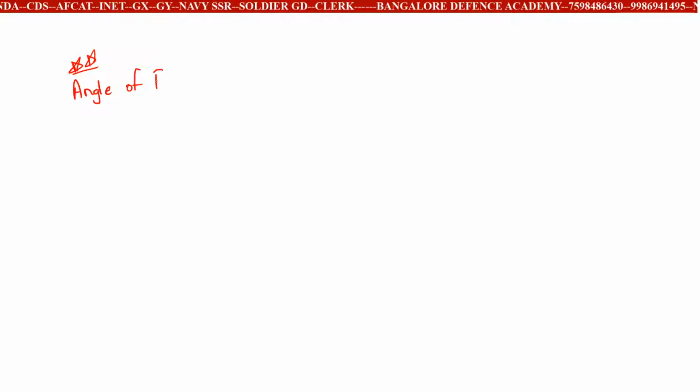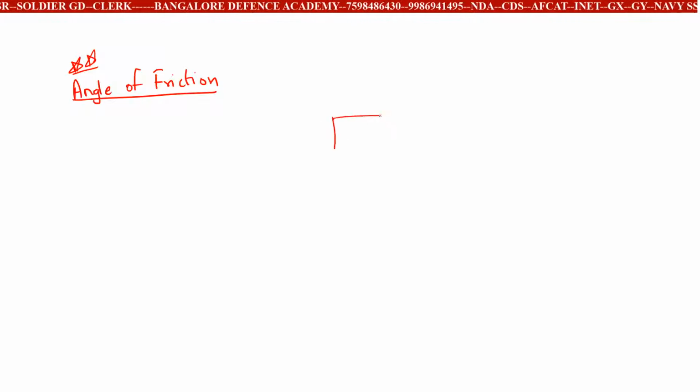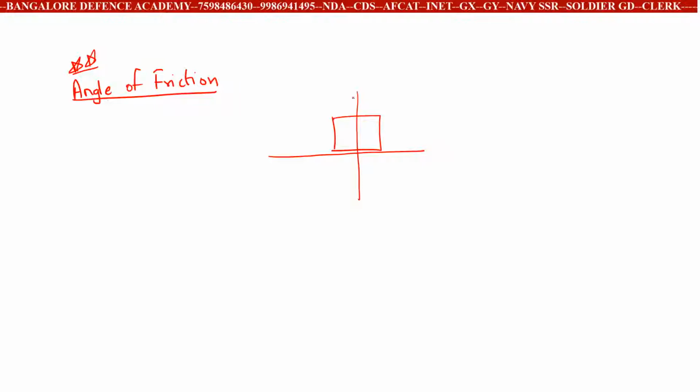Next important point, you have the angle of friction. Very important. You can put a star mark. Angle of friction. Now imagine there is a mass, a box here, and here there is a force acting. This is N and this is mg, and imagine this is the angle, theta.